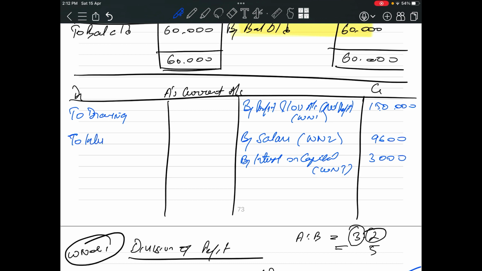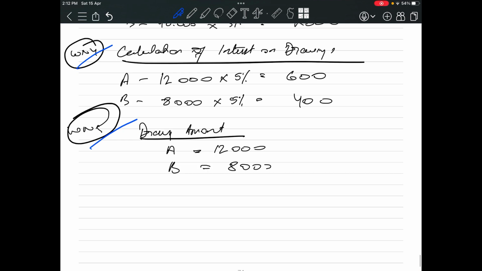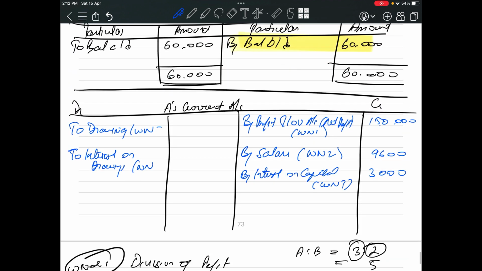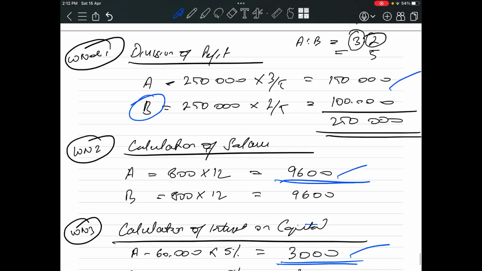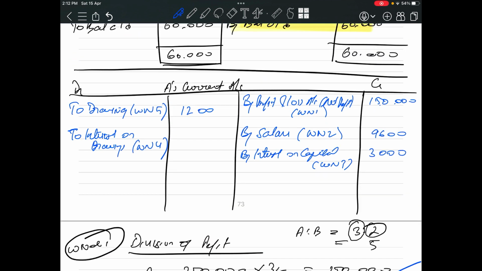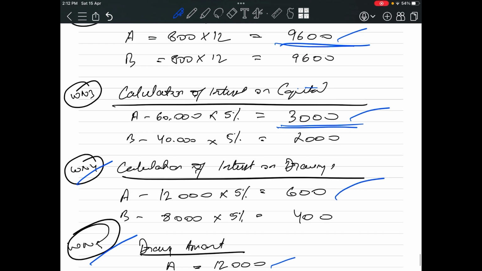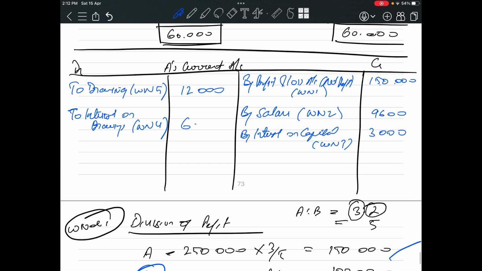The working note number for drawings is 5, and for interest is 4. The drawing amount for A is 12,000, and the interest amount is 600.